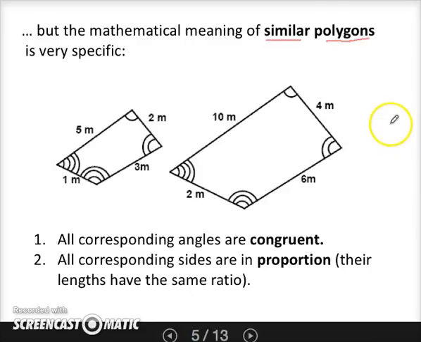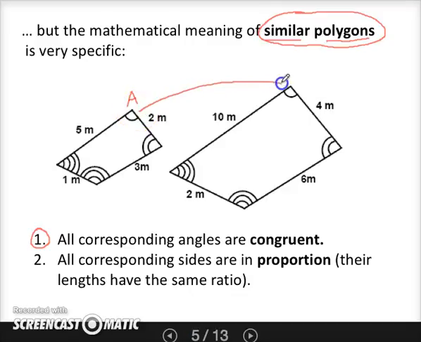We have a definition of similar polygons, which says that, first of all, all corresponding angles are congruent. So if we were to label this vertex A, it would correspond to vertex A prime.